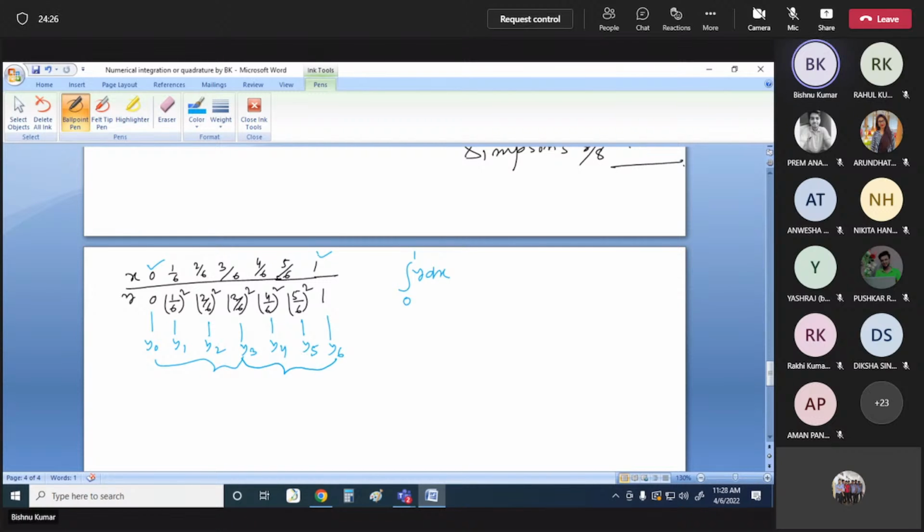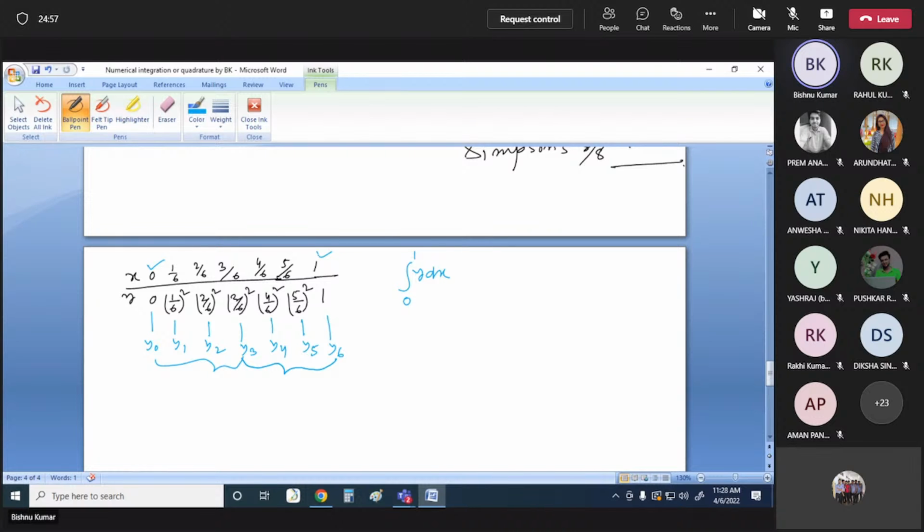So obviously you will get a better approximate value. Otherwise, if you do not follow this logic, you will get more error.